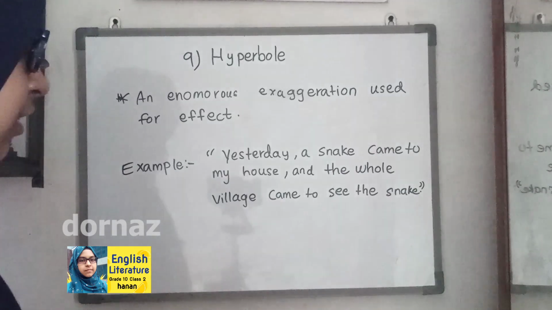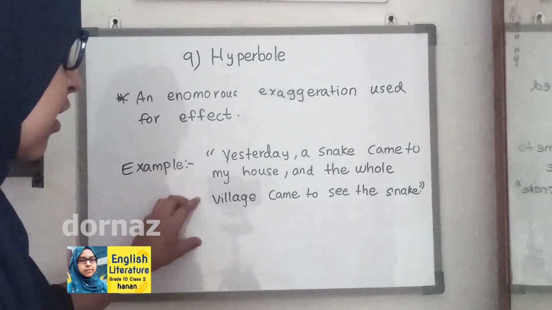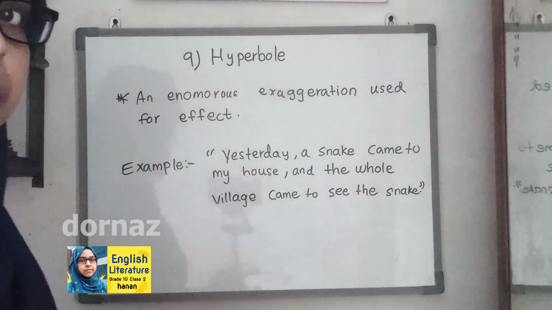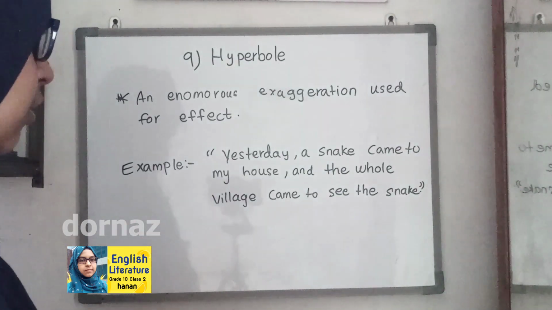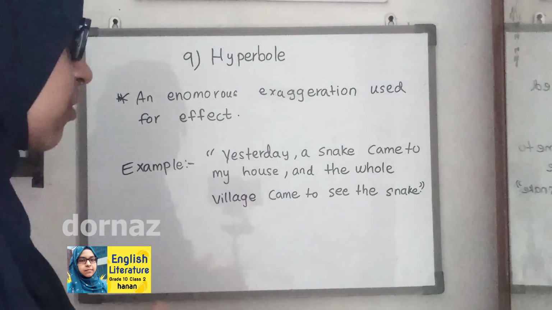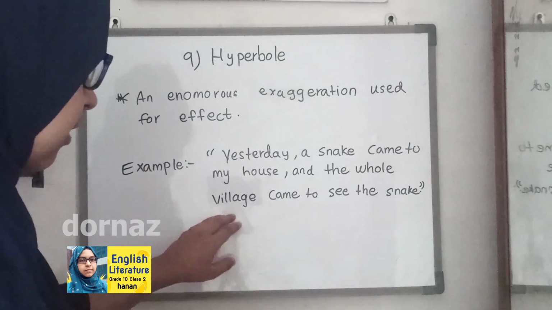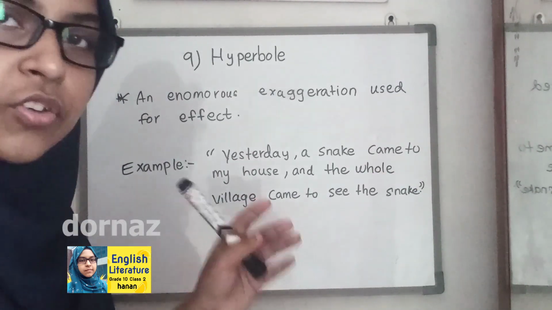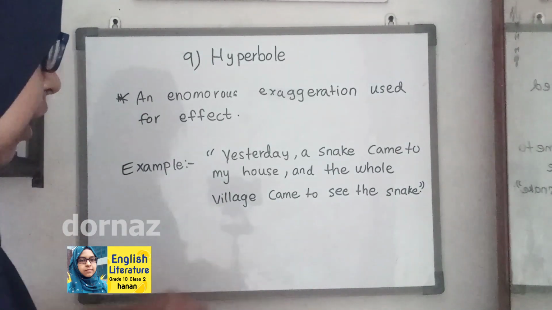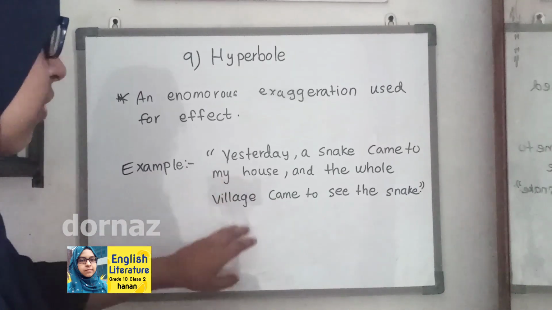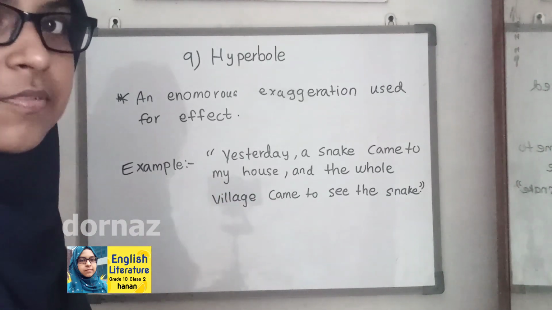No. Instead of telling that lots of people came to see the snake, the writer has told that the whole village came to see the snake. Most of the people have come to see the snake, but this says the whole village came.